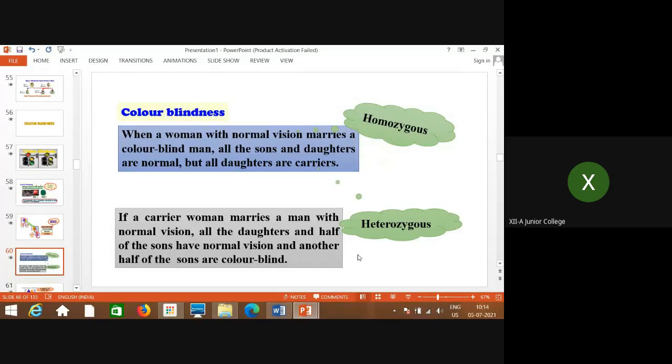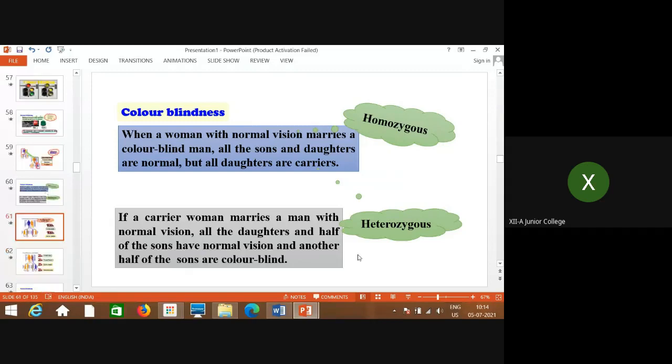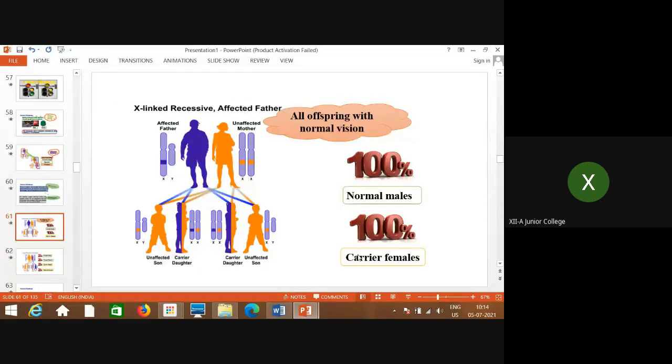But if a carrier woman marries a man with normal vision, all the daughters and half of the sons have normal vision, and the other half of the sons are colorblind. Sons are not carriers, but colorblind. This is what is shown. So, X-linked inheritance in the recessive form.